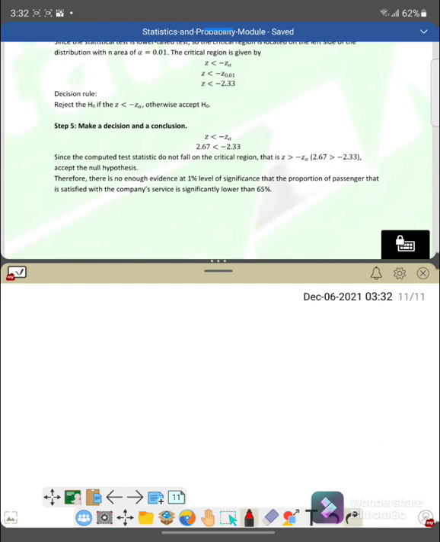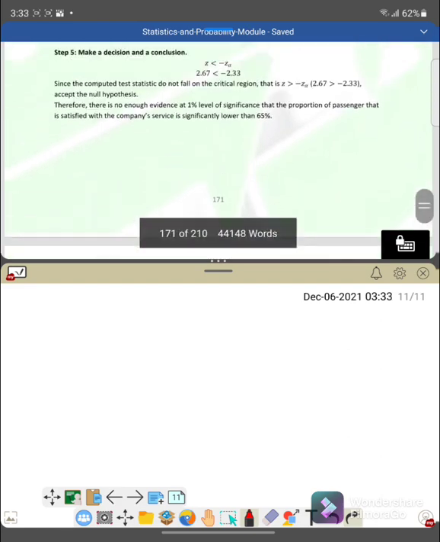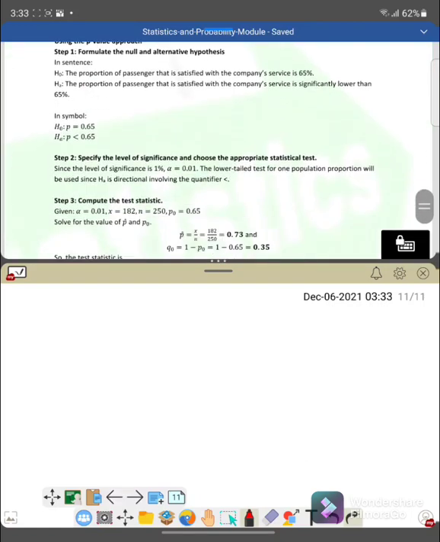So that only means that we will accept the null hypothesis since 2.67 is greater than negative 2.33. So we could conclude that there is not enough evidence at the 1% level of significance that the proportion of passengers that is satisfied with the company's service is significantly lower than 65%. That is how you test your hypothesis.